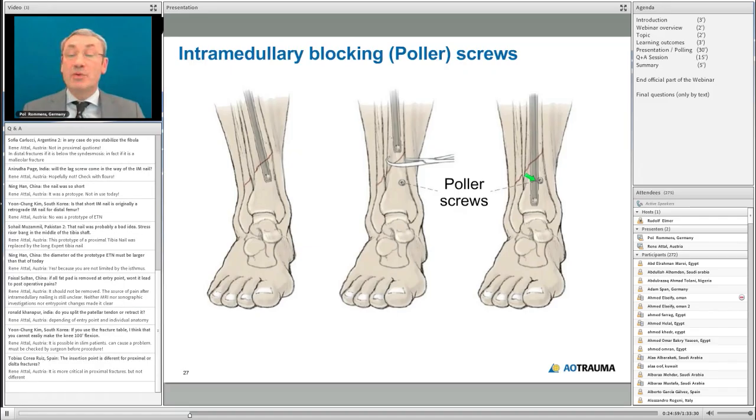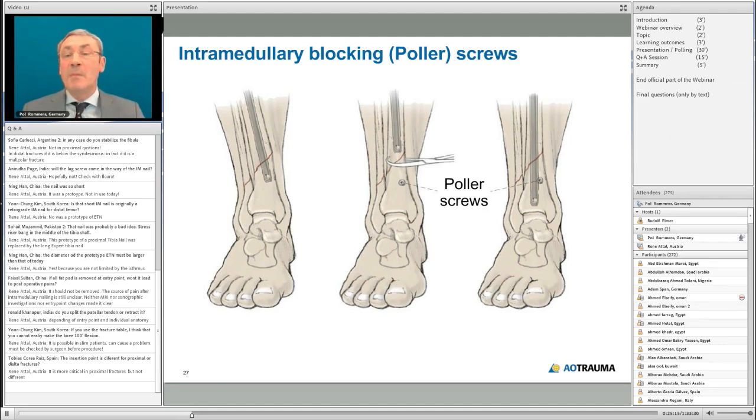The same is true for the distal tibia. In this example, you see that the nail goes too medially because of a remaining valgus malalignment of this fracture.